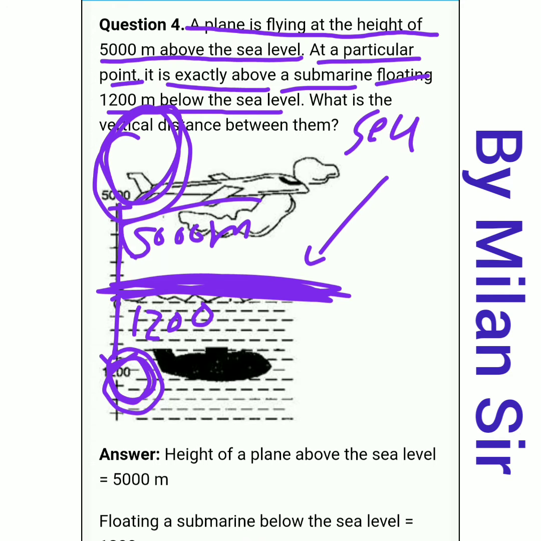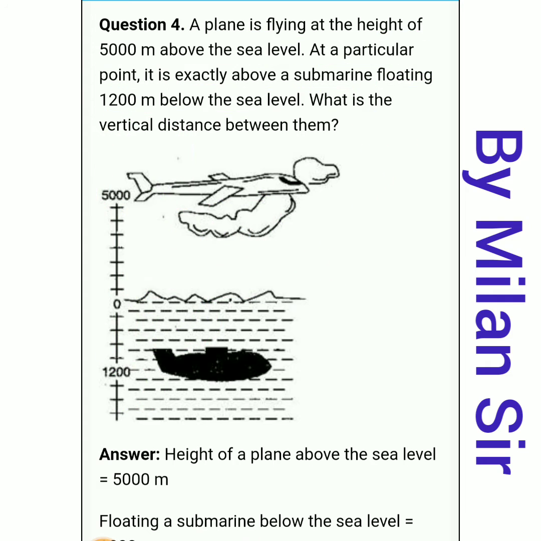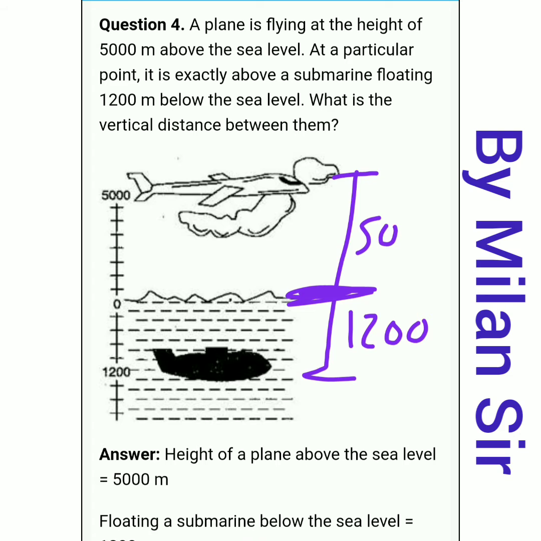Now above sea level 5000 meter, below sea level 1200 meter, so we need to add these two numbers to find the total distance between them. Okay, if you want to find this total distance between the aeroplane and submarine, then up to this sea level, below we have 1200 meter and above we have 5000 meter.